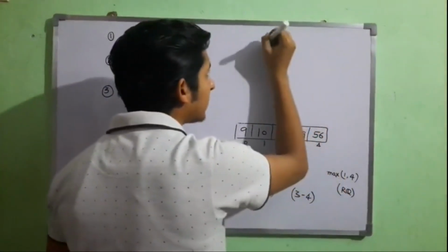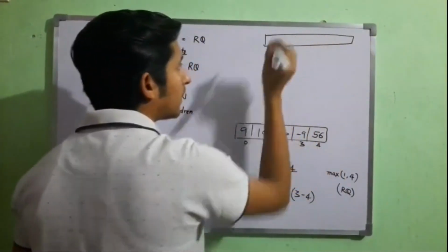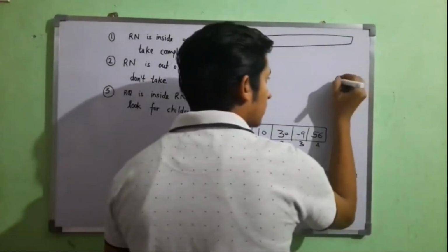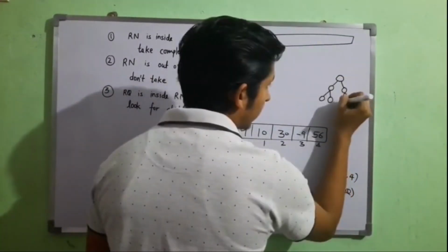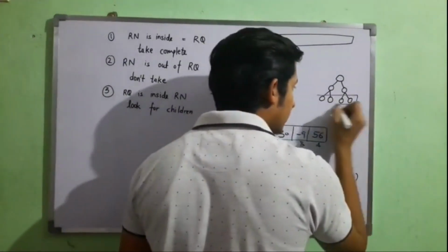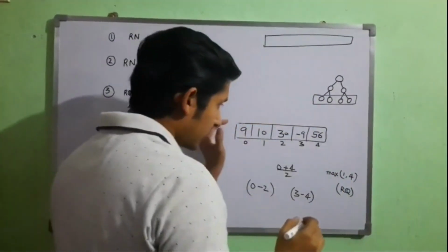So I implement that tree in an array. Now the question comes up, what will be the size of this array? Okay, so this will be my node in the tree, and in this way my tree will be here. I also know that the leaf nodes of this tree will be the elements of this array.